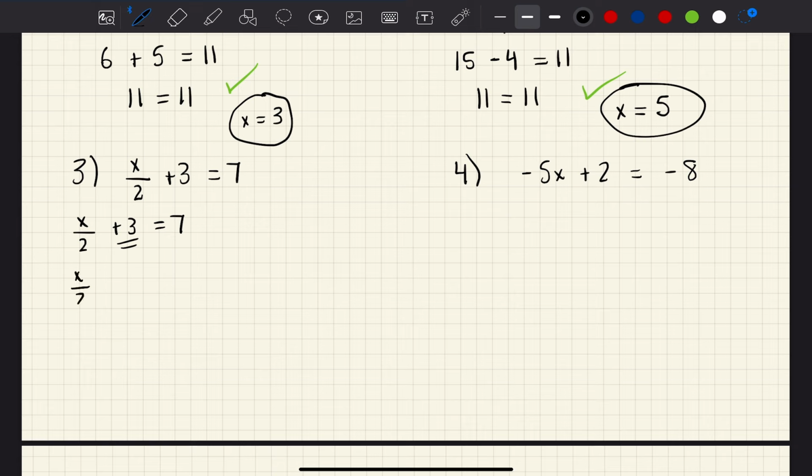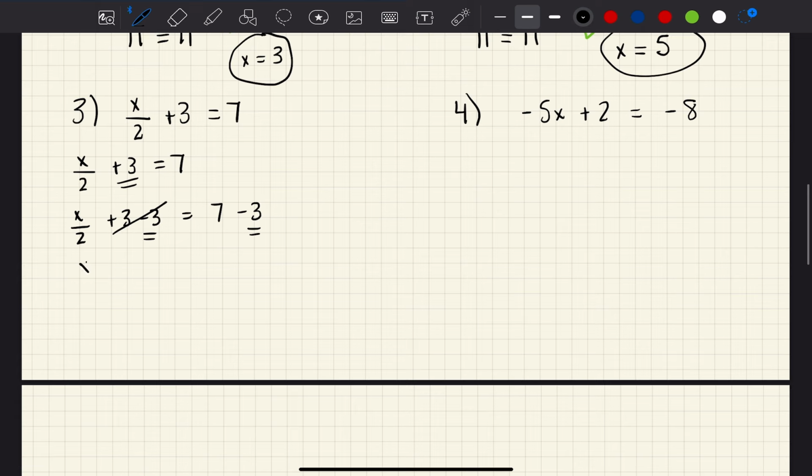So we'll write out x divided by 2 plus 3 minus 3 is equal to 7 minus 3. What we do on one side, we have to do to the other side. So that plus 3 minus 3 cancels out. We're left with x divided by 2 is equal to 7 minus 3, which is 4.